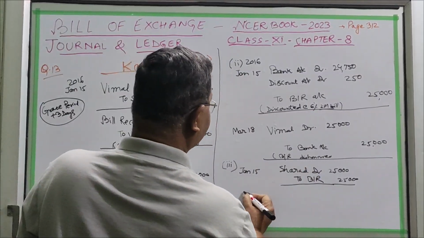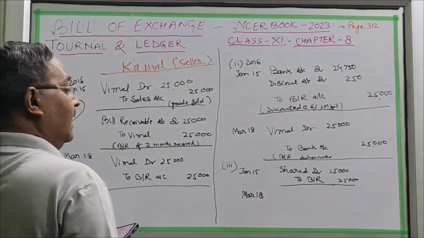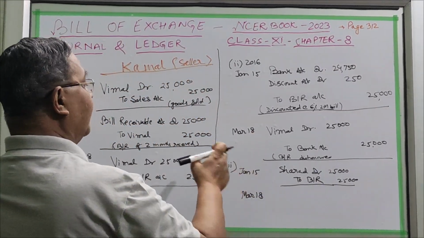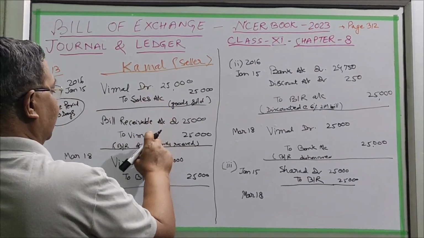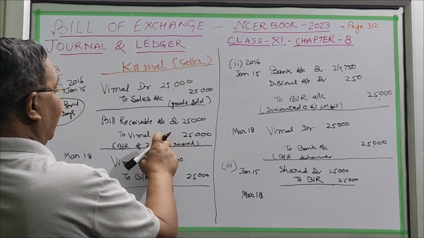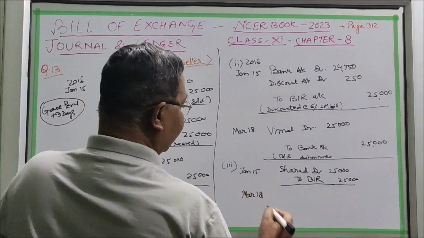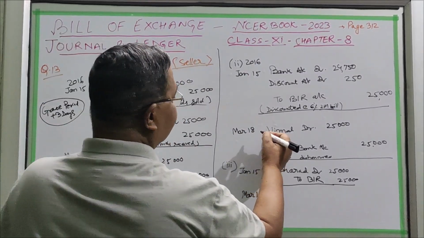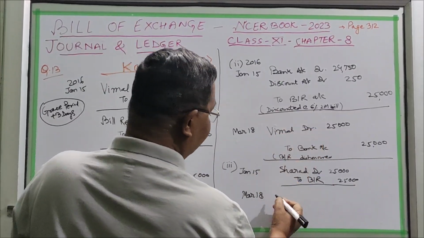Then on March 18, what will happen? Now Bimal, this debtor, had his account squared off by this entry. Now Bimal again becomes the debtor. Whenever the bill is dishonored, the purchaser, the acceptor, becomes the debtor again.